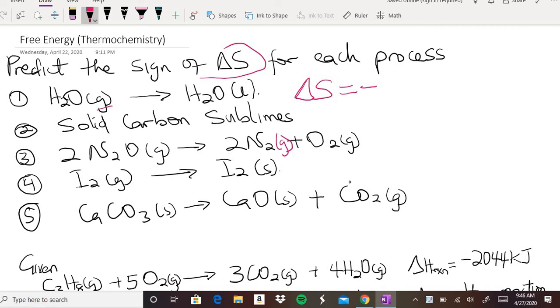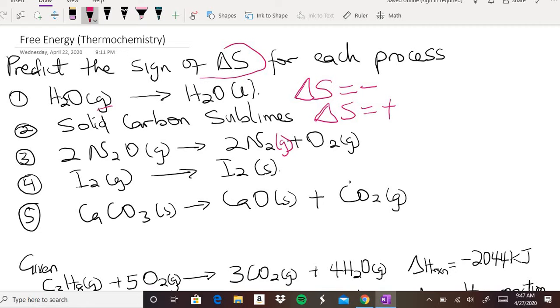For solid carbon that does sublime, delta S is going to be positive because solid has a lower entropy than gas. For N2O gas going into 2 nitrogen and oxygen, in this case we are going to use the moles of products and reactants that are formed.